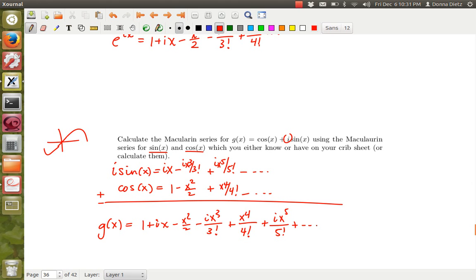If it had just said calculate the Maclaurin series for this and it didn't say how, then you could have easily just said, oh, well, this is the same as what we got up above. Okay, so this is equal to cosine x plus i sine x. But because the instructions specified how it is to be done, then it's actually stepping you through a proof rather than asking you simply for an answer. There's a difference in intention.